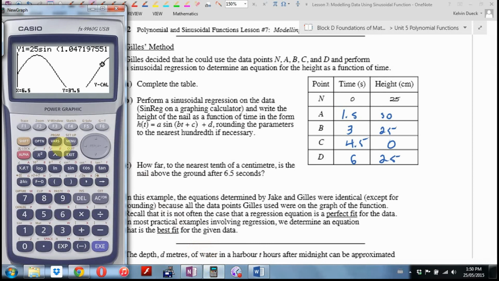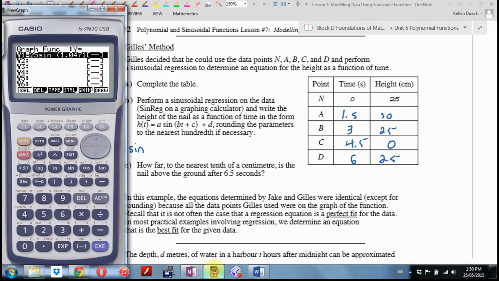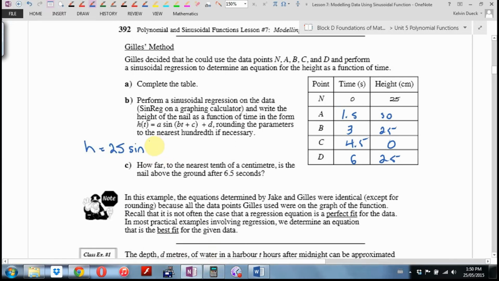Now, if you look at the equation that they gave me, it still gave me the 25, which we found ourselves. The only difference is it's going to give you B as a decimal. It gave B as 1.0471, and so on. 1.0471 T plus 25.